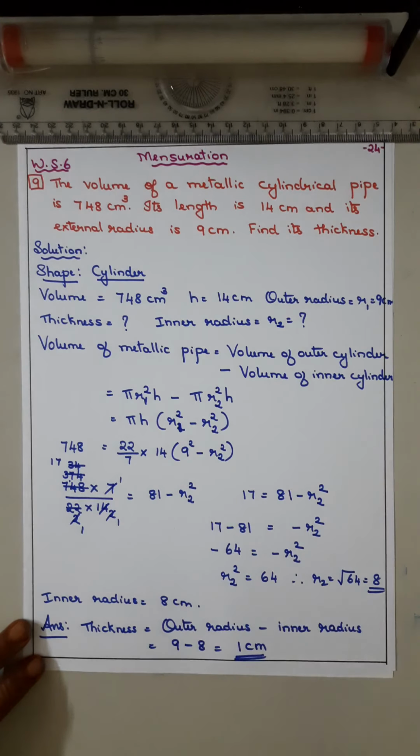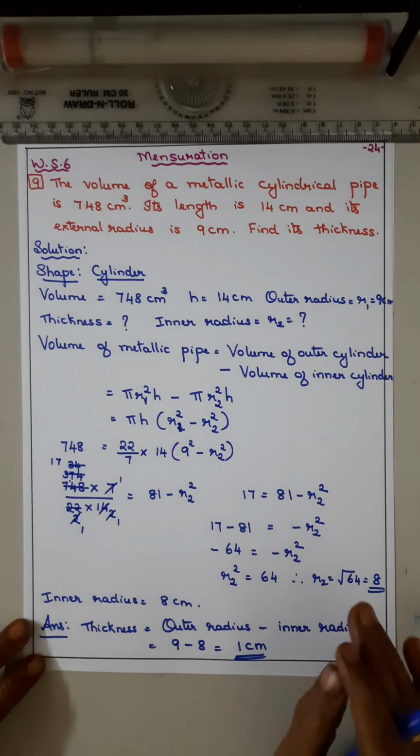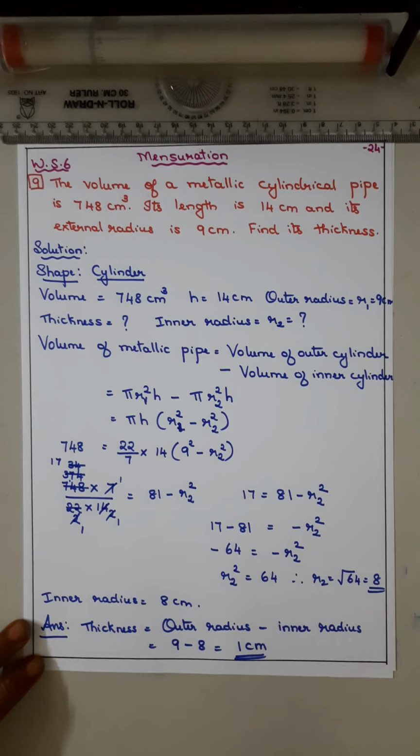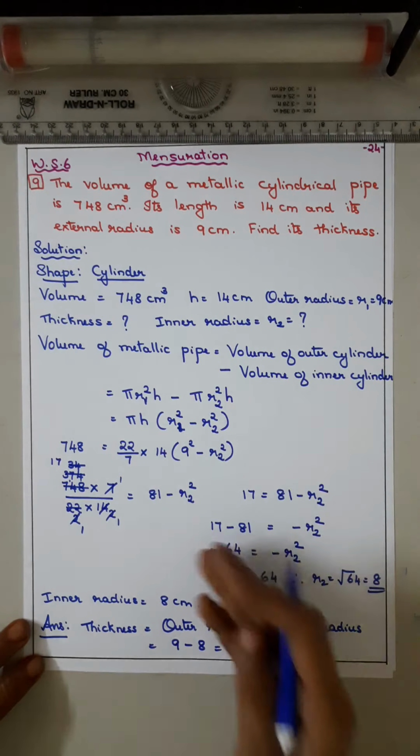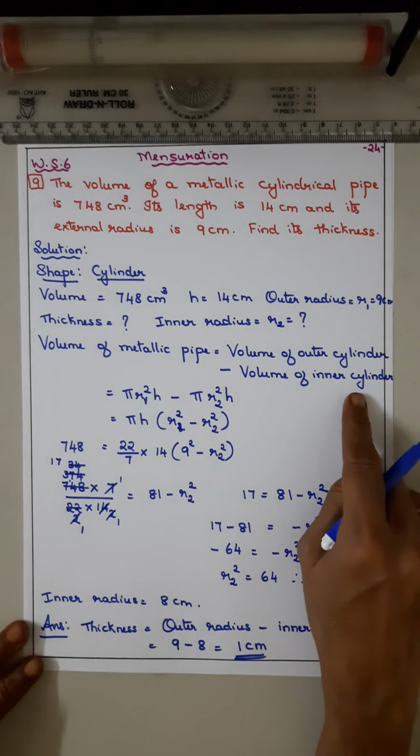So volume of the cylindrical pipe is given, length is given, external radius means outer radius is given. They have asked you to find the thickness. So for that, first find out the inner radius. So put the formula, volume of the metallic pipe is equal to volume of the outer cylinder minus the volume of the inner cylinder.